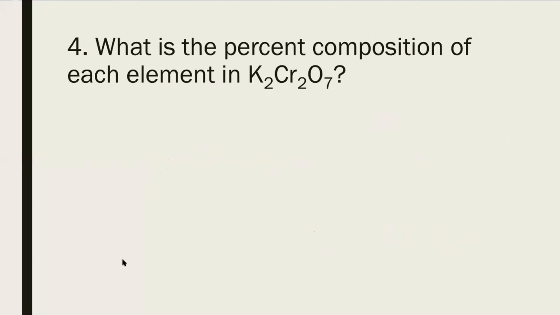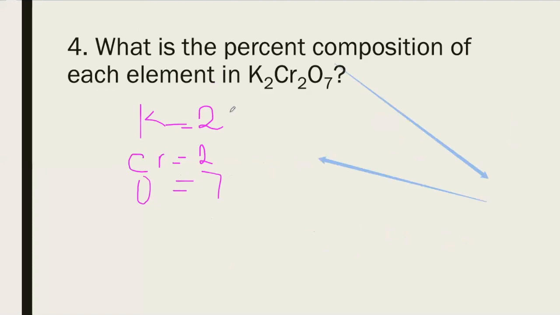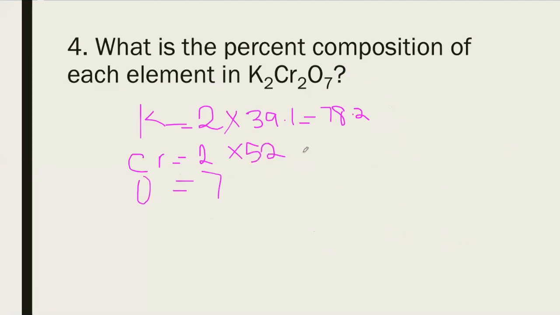So discuss this quickly. So K has 2, Cr has 2, and O has 7. So 2 times 39.1 will give us 78.2. Cr times 2 times 52, kasi yung atomic weight niya parang 51.99.